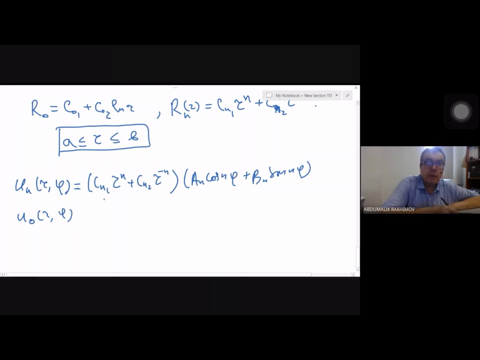And U0 is equal to C01 plus C02 ln R, right?